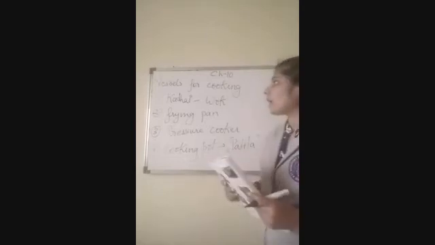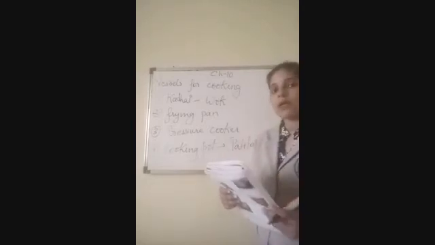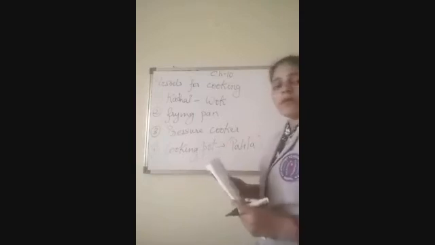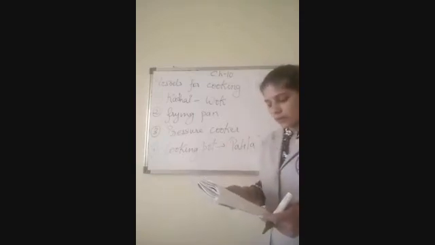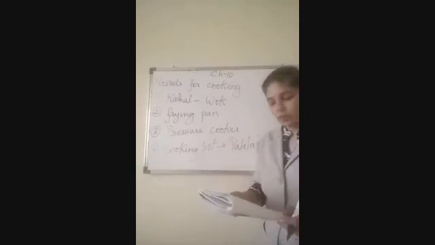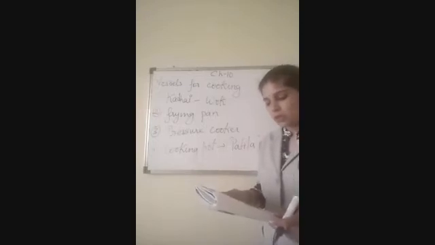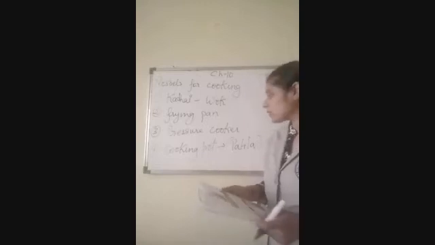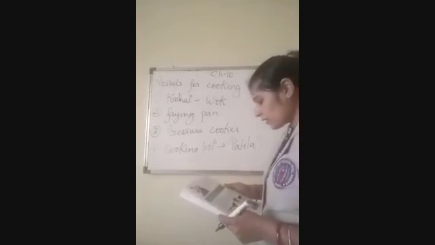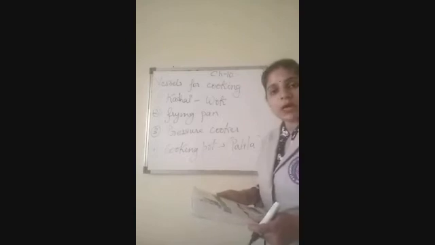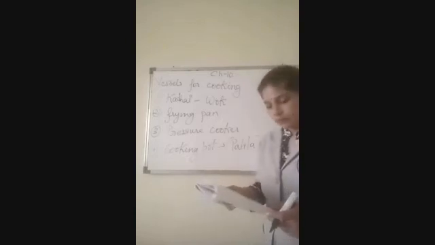Depending upon the food item and how it is to be cooked, we use these different kinds of vessels for cooking: wok or kadhai, frying pan, pressure cooker and cooking pot, that means your patila. These are some vessels which are commonly found in every kitchen.